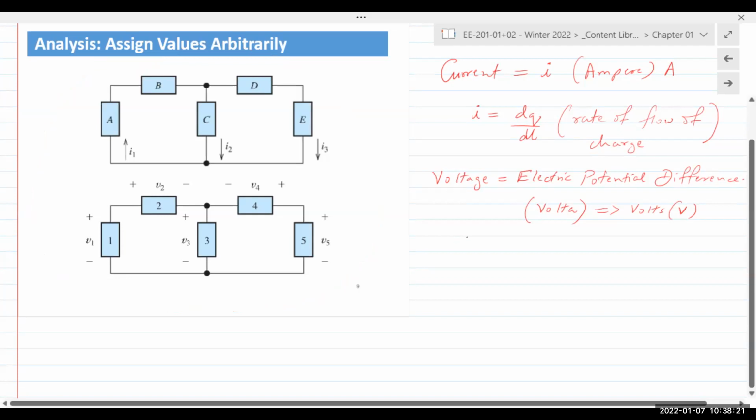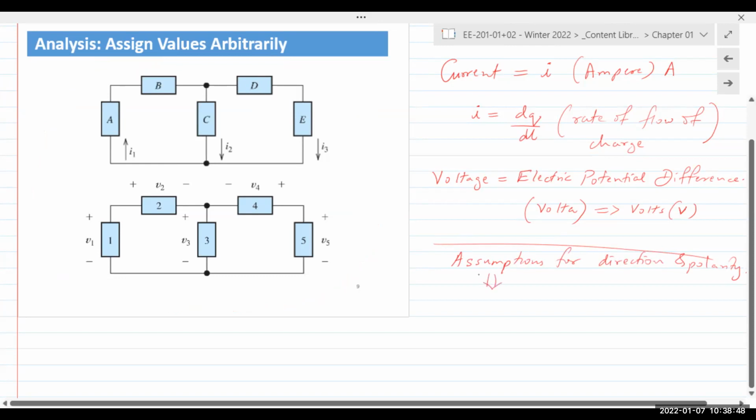We make certain assumptions for direction and polarity. Okay, but those assumptions are based on certain logic.